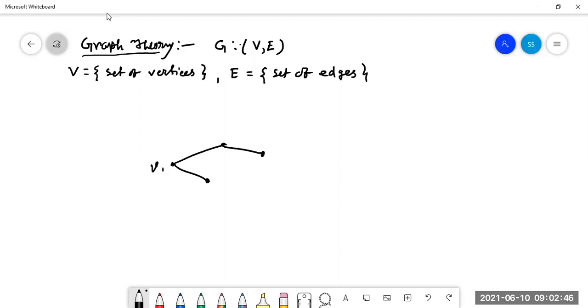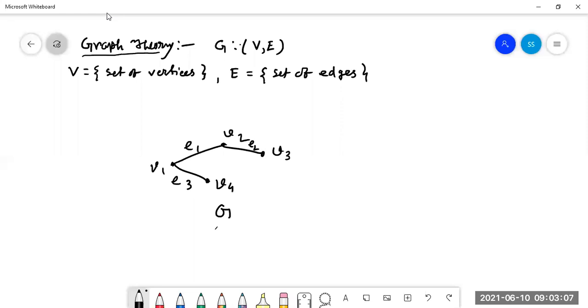If we say this is V1, this is V2, this is V3, and this is V4, and this is E1, this is E2, and this is E3, then this is a graph G, where G consists of 4 vertices and 3 edges.